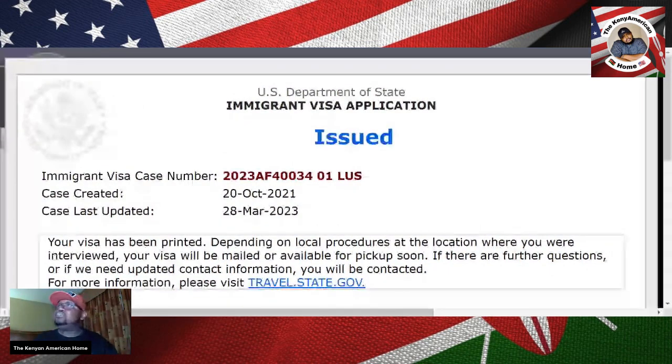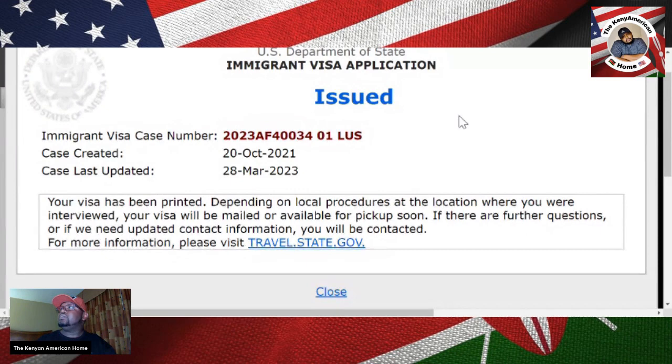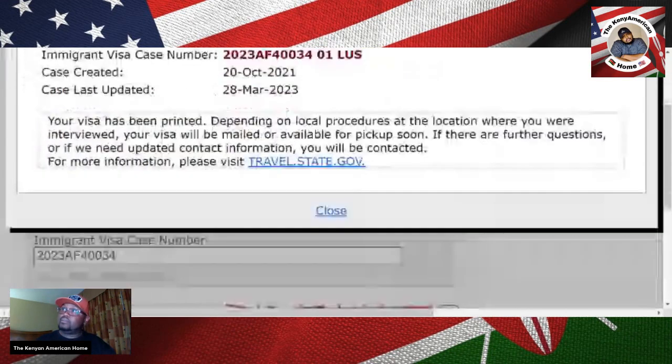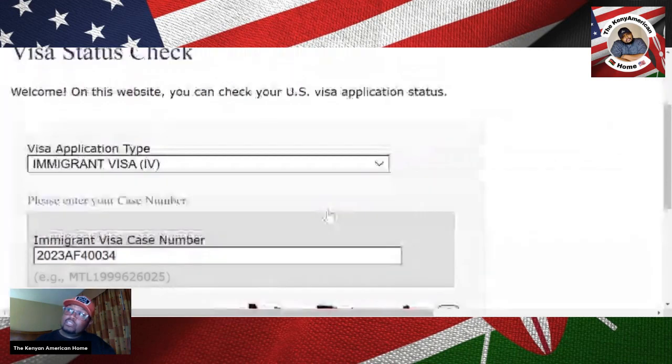40,034. I don't know if you noticed some of the case numbers are really high, and some of the case numbers are also low. It depends on whatever embassy is interviewing those people. A country like Kenya could be backlogged compared to a country like Tanzania or maybe even Zambia.